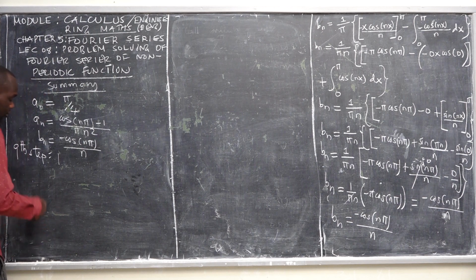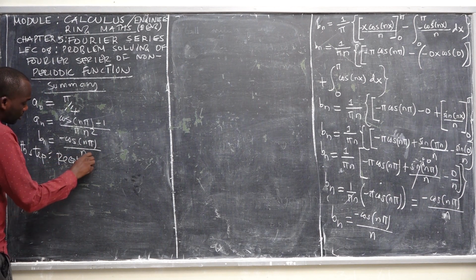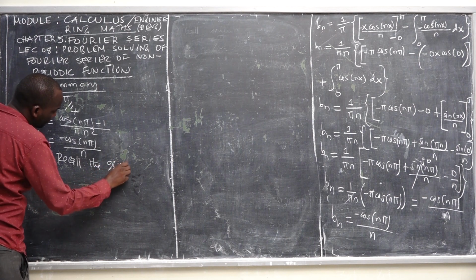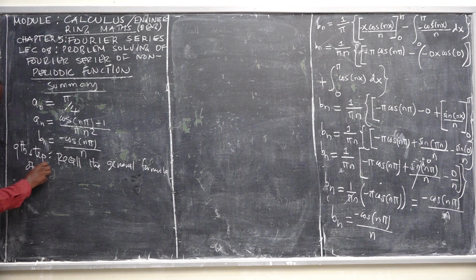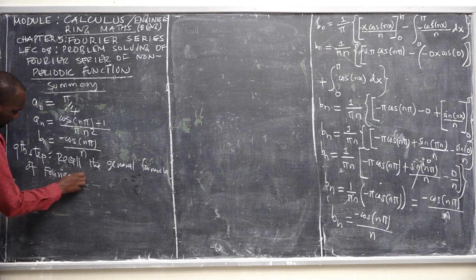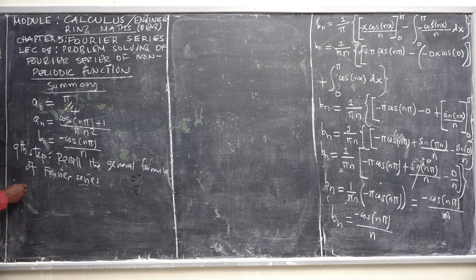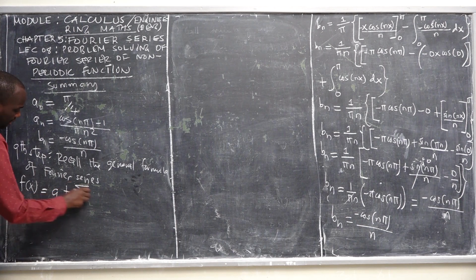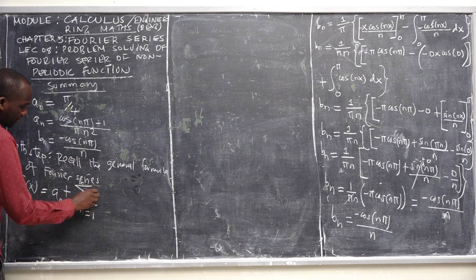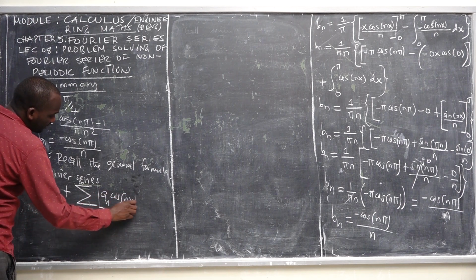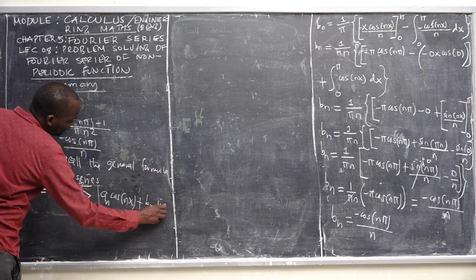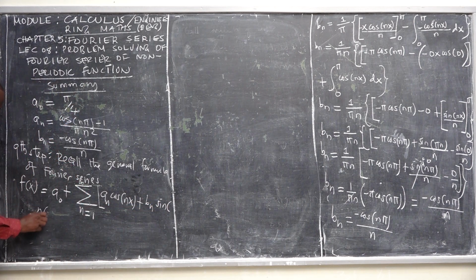Then you write the general Fourier series. Or, alternatively, you can just go to this step. Recall the general formula of Fourier series, which states that f of x is equal to a naught plus sigma notation, n is equal to 1 to infinity, of an cosine of nx plus bn sine of nx.